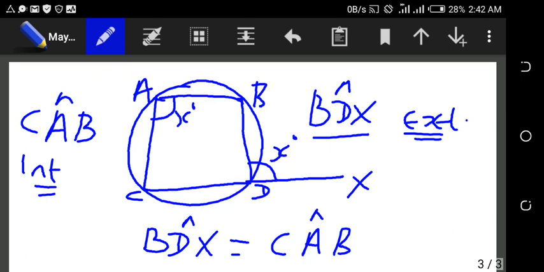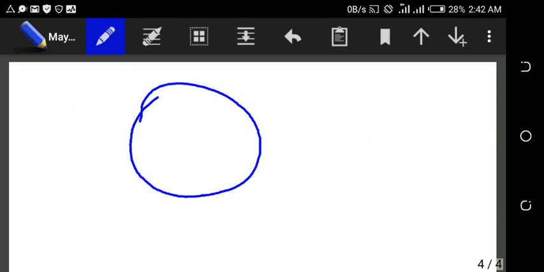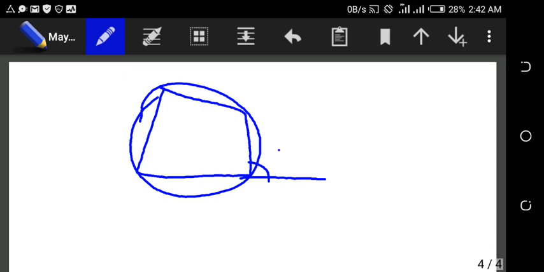So let us solve an example to illustrate that. Now let's assume that we have a quadrilateral like this that is extended at this point, and the value of the angle here is 87 degrees.